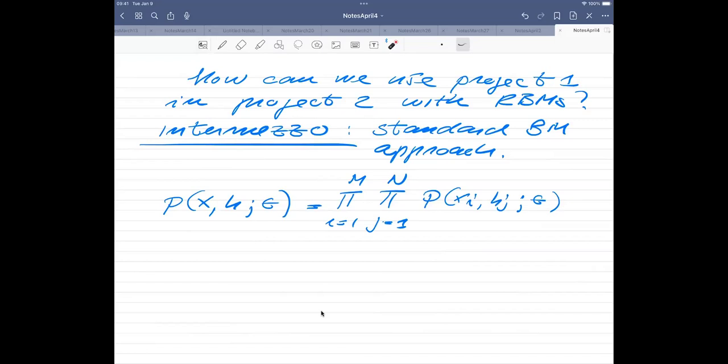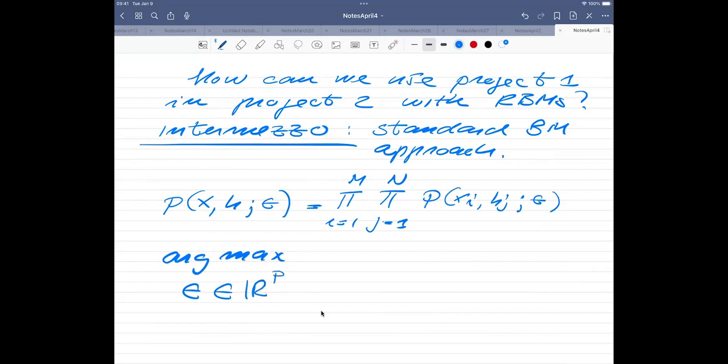So if you assume that, the standard approach is that we now take the optimization of this quantity here. So we are not going to optimize the product, but we are going to optimize the log of the probability distribution.